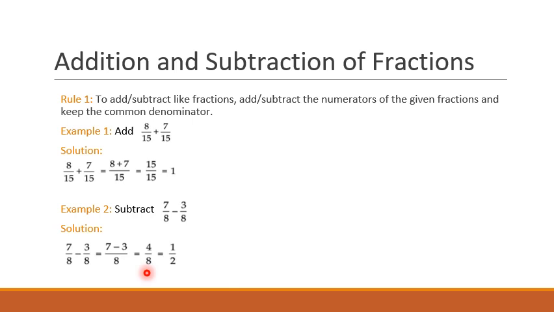Now 4 by 8 is not in the lowest term, so we convert this fraction into its lowest term by dividing by 4. I'll get 1 by 2 as the answer. Always keep in mind that whenever you write the answer for addition or subtraction of fractions, write the answer in the lowest term. We have seen this in our first video.